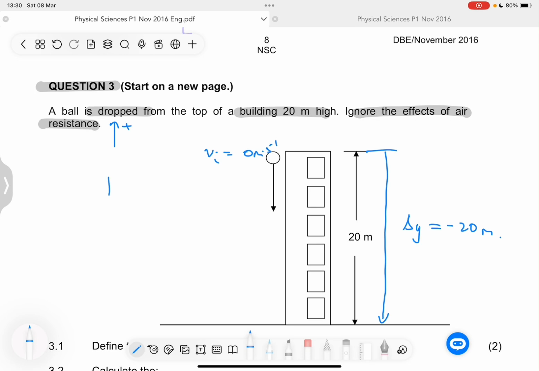And that acceleration will be defined by a vector that goes vertically downwards. And this would be a is equal to g, because we call this acceleration g, which will then be given by negative 9.8 meters per second squared. Also, again, it's negative because it's a vector that goes in the negative direction.